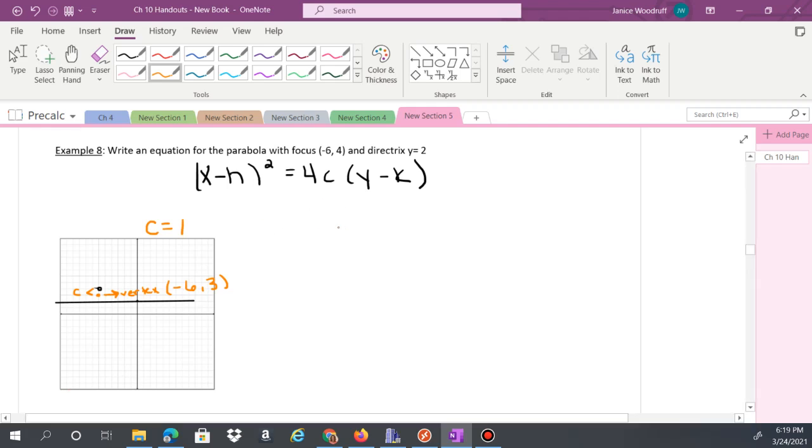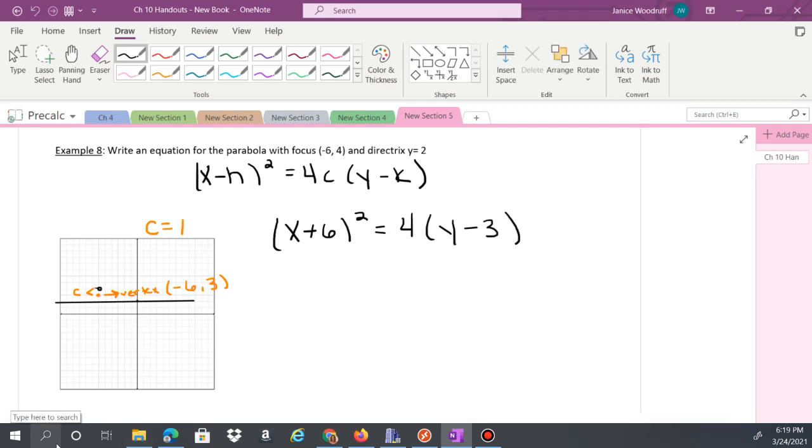So plug these in and then you get the equation. So we've got x minus our h, negative 6, so x plus 6 squared equals 4c. 4 times 1 is 4. Y minus k, k is going to be 3 here. So there's our equation. And let's go ahead and do the latus rectum, just to go ahead and do that.